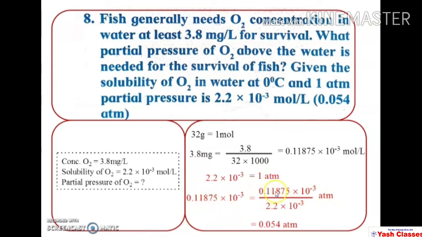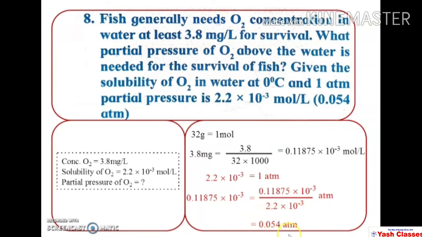It is 0.11875 into 10 raised to minus 3 into 1, that is 1 atmosphere, upon 2.2 into 10 raised to minus 3. This is the cross multiplication, and when we solve this, answer is 0.054 atmosphere.